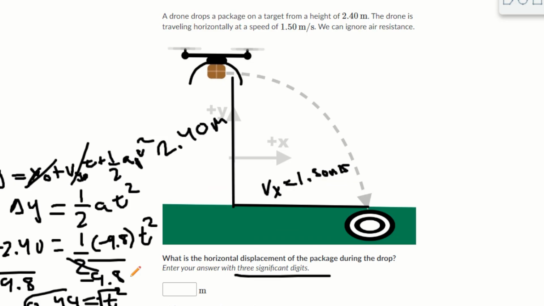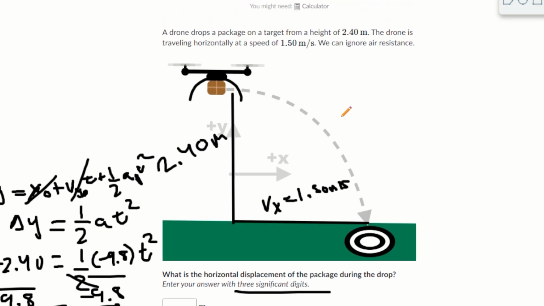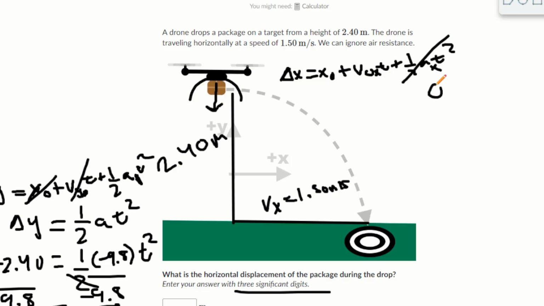Now, the next step is to take this time and plug it into this exact same equation, but now for the x. So we have delta x is equal to x initial plus v initial in the x, t plus 1 over 2 at squared in the x. Since gravity is only acting in the y direction, there's no acceleration in the x, so that term is 0.